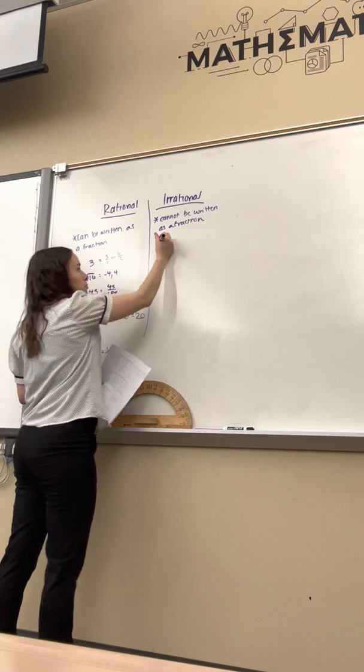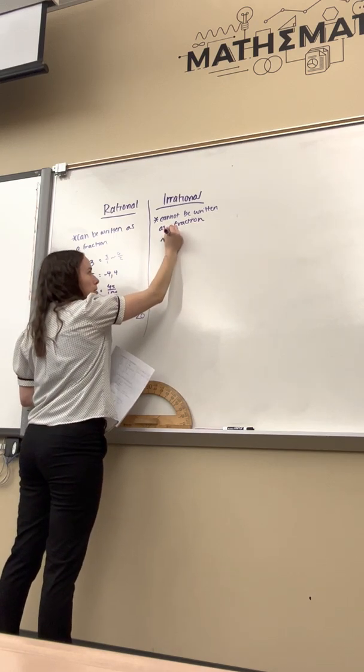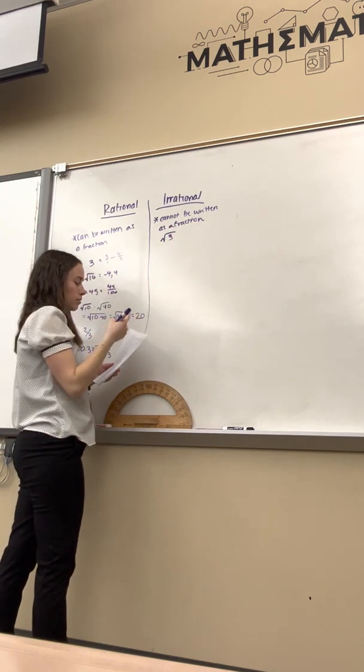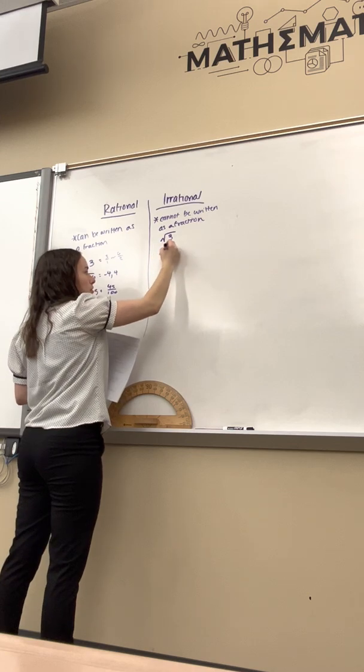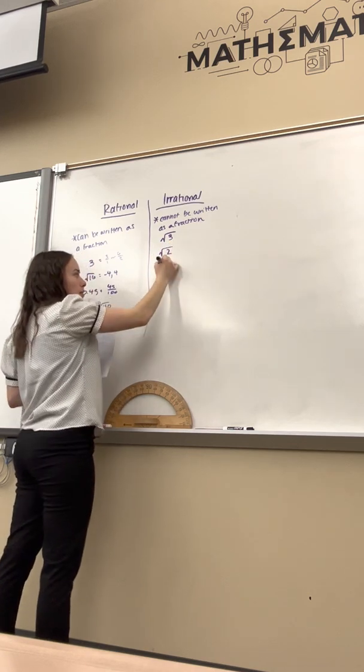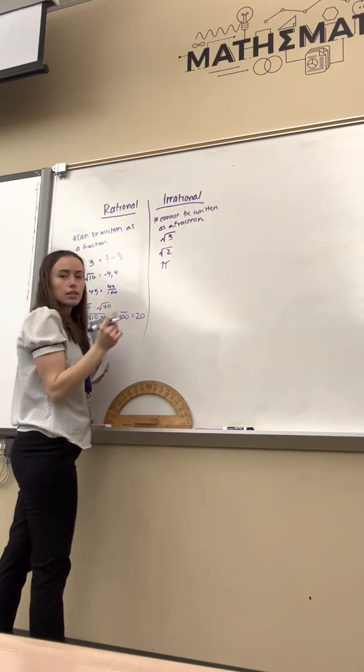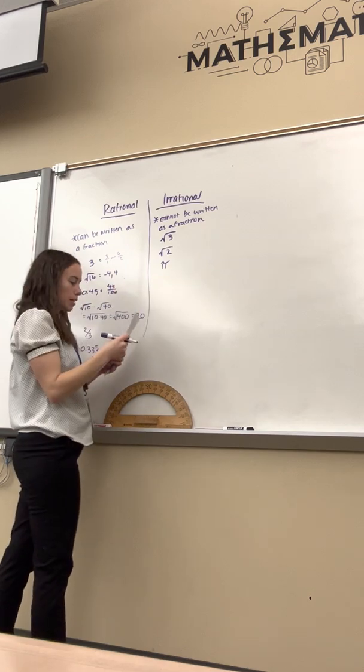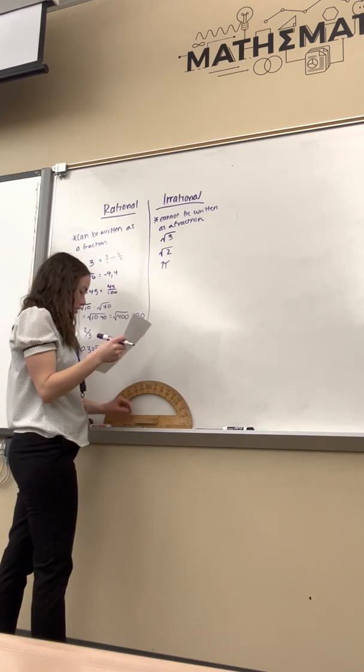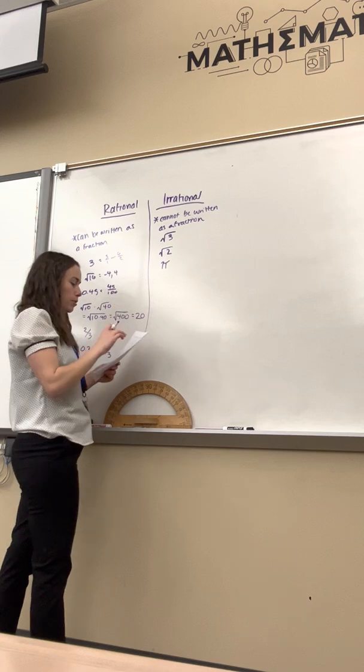Cool. Some examples you'll see of irrational numbers, especially in this PFA and the diagnostic, are going to be square root of 3, square root of 2. These are the most common. Numbers like pi are irrational. That is not necessary for this, but that's the most well-known irrational number.